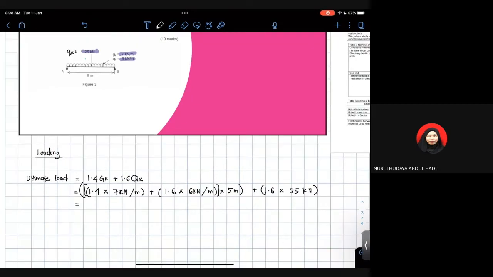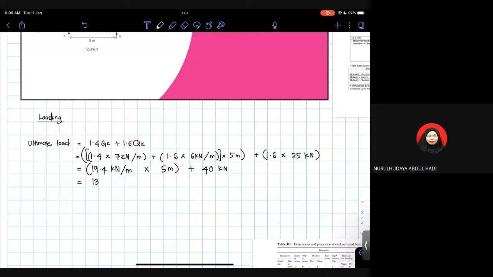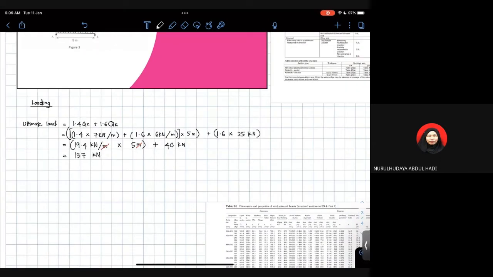Then kita kira separately, 5 meter tu jangan darab dulu. 19.4 kilonewton per meter darab dengan 5 meter plus 40 kilonewton, 137 kilonewton.